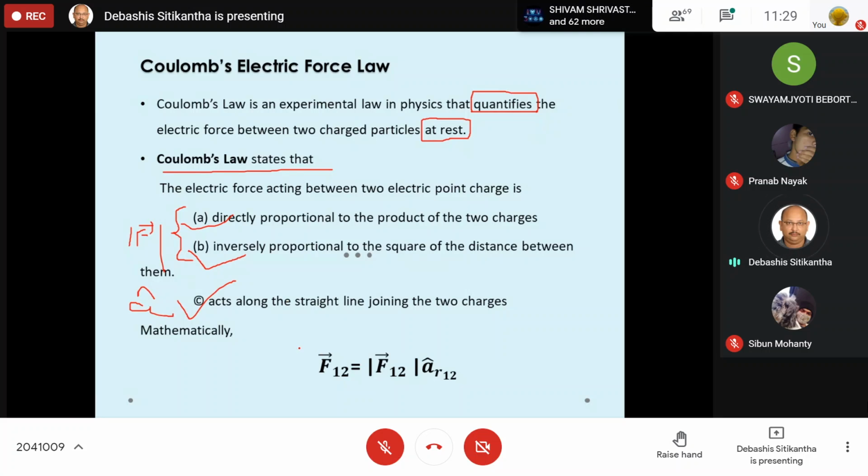So mathematically we can say that the electric force acting between charges Q1 and Q2 is equal to, obviously, the magnitude part which we get from the first two points, and the direction part which we get from the last point.